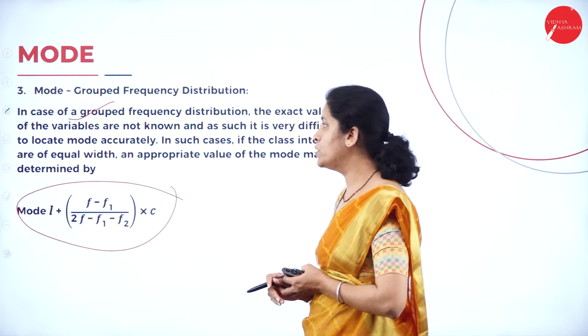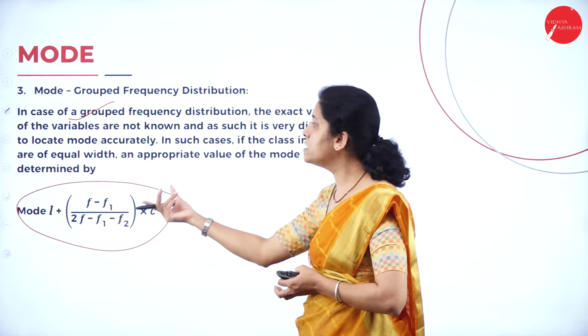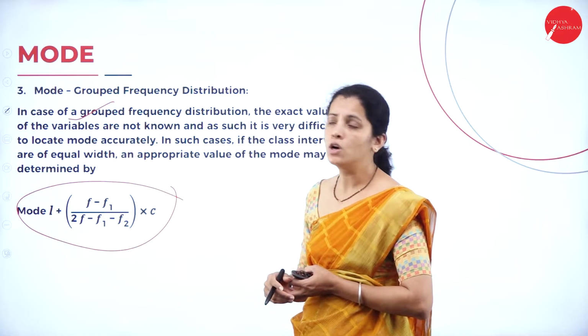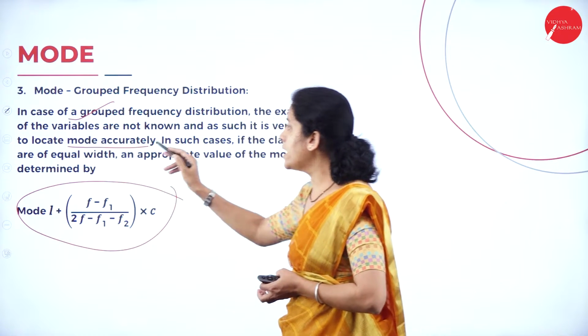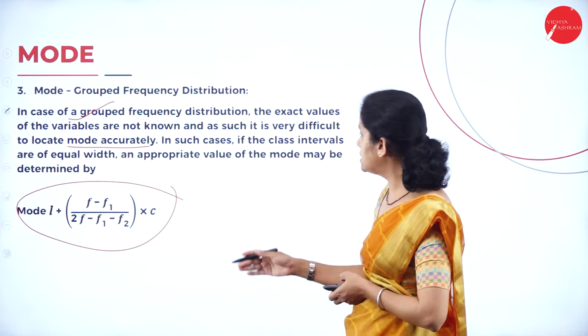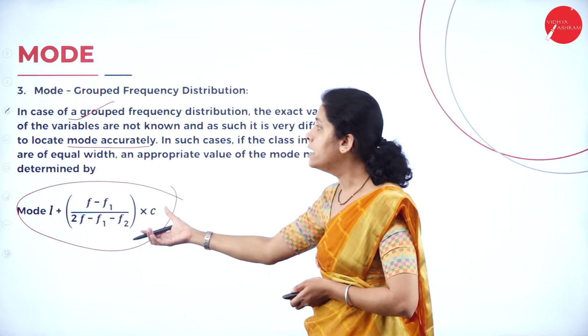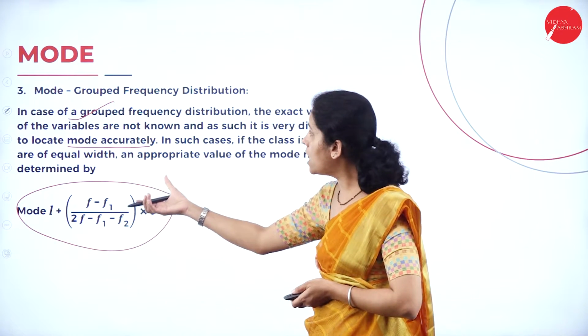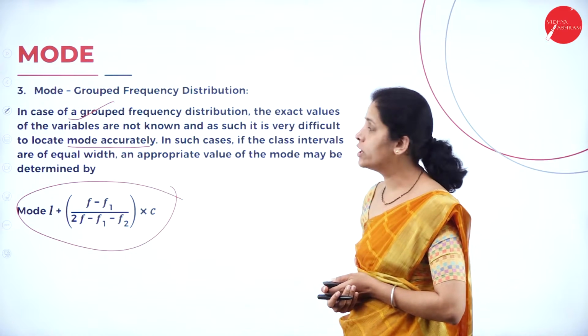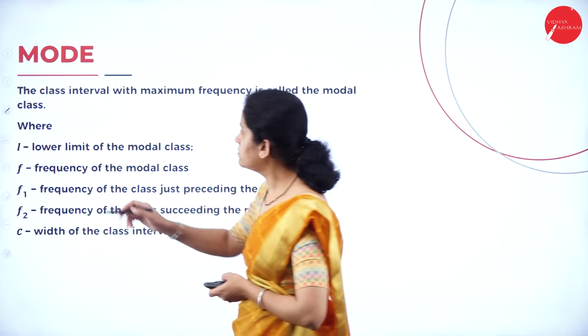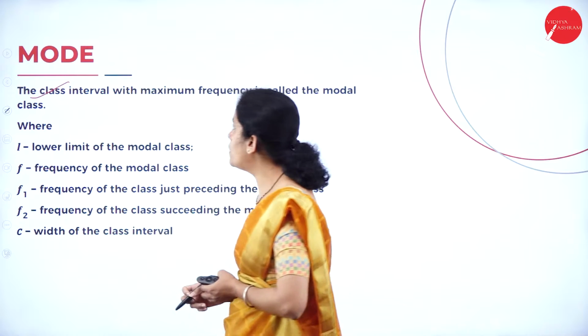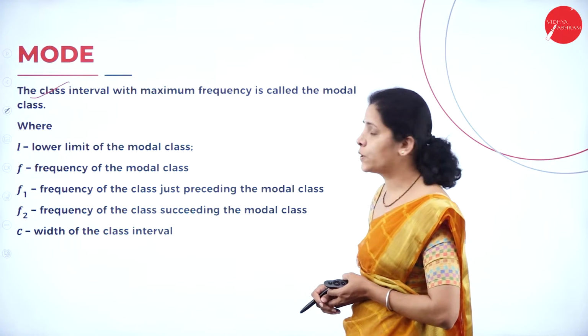So, what are we going to do? We are going to use the formula in order to locate the mode accurately. In such cases, we apply this formula to find the mode. Now, see here, the class interval with maximum frequency.